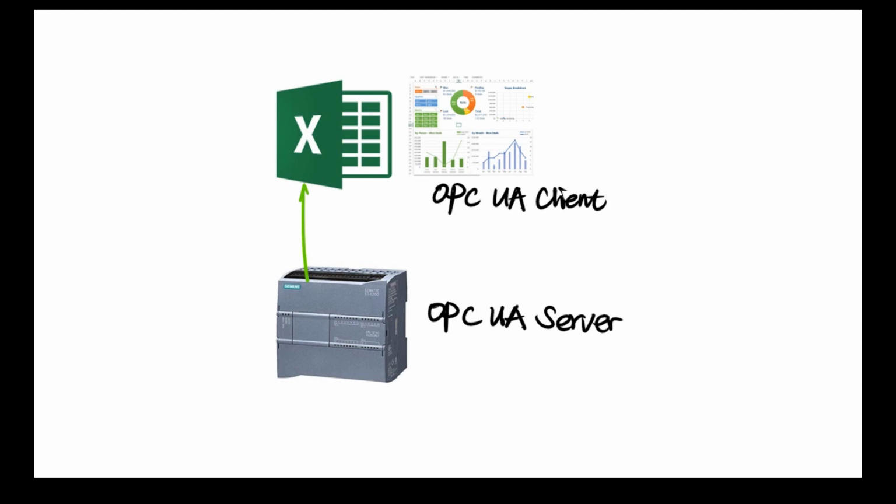So if the plant has a single cell, or you want a lean, simple way to read the data from a controller, and the controller already has a built-in OPC UA Server, that could be a very simple way: enable the controller running as an OPC UA Server, use Excel running as an OPC UA Client, and read the data from the PLC directly. There's no other software needed, so this will be a very cost-effective way to read the data.